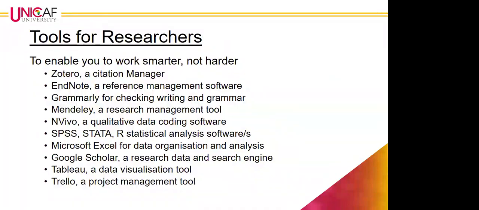But also, this time we do have Grammarly for purposes of checking writing as well as grammar. People do use AI, yes, but if you use it responsibly, it might also assist you, but you have to figure out issues of ethics around that. But also there's a research management tool, Mendeley. Again, as I've indicated, we do have NVivo.